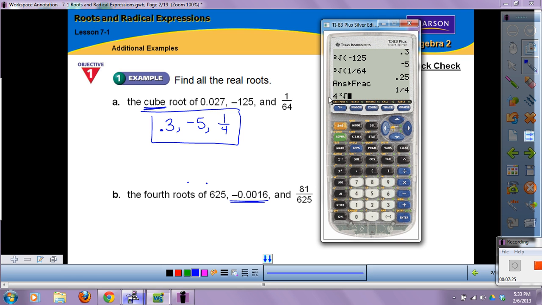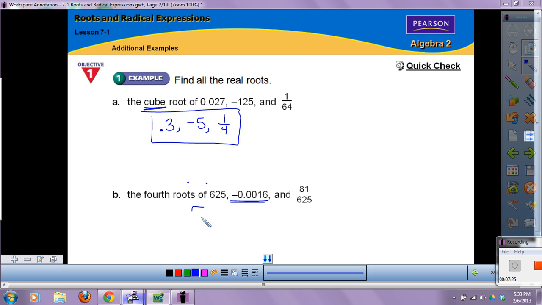And since your calculators are updated, it'll actually put that little 4 there for you. And we're taking the 4th root of 625. So what we're asking is, what number times itself, times itself, times itself will give you 625? And that is 5. So what we've just answered is that 5 times 5 times 5 times 5 is 625. That's the 4th root of 625.